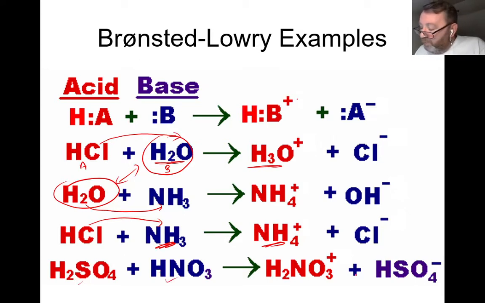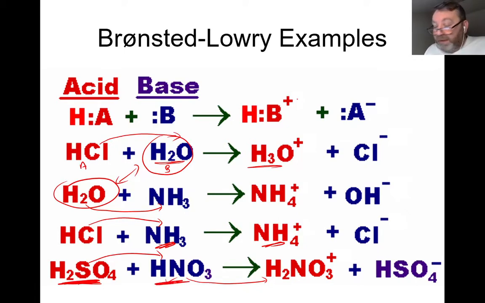Look at what happens when both of these meet. The HNO3 goes up to H2NO3+. So this one has accepted a proton. It's gone up by H+, meaning that there has been a transfer of a proton from sulfuric acid to nitric acid, making sulfuric acid a Bronsted-Lowry acid, and nitric acid a Bronsted-Lowry base.